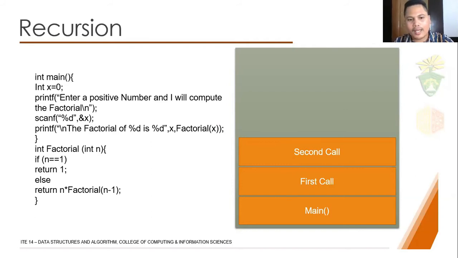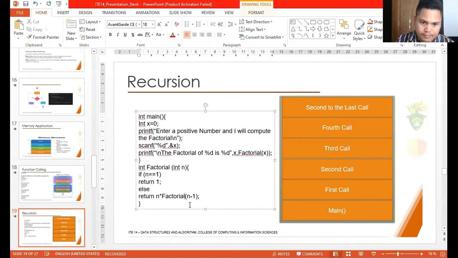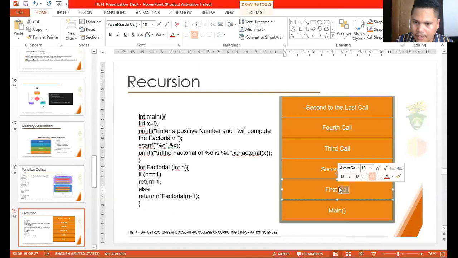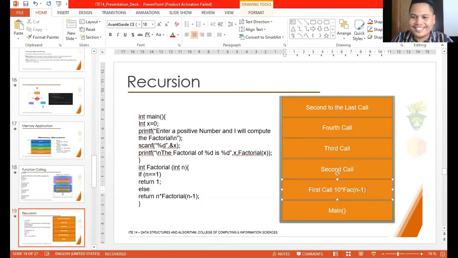So, iyang gibutang. So, atong value karon, if we're going to edit this one, so meaning this is 10 times katong fact n minus 1. I mean factorial.